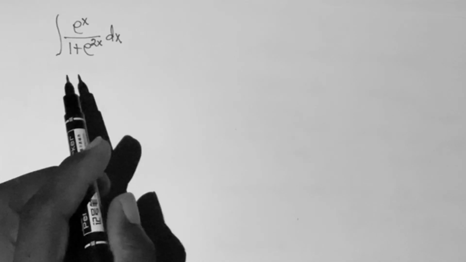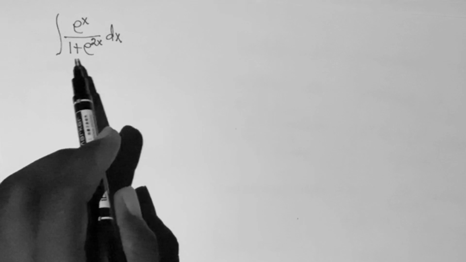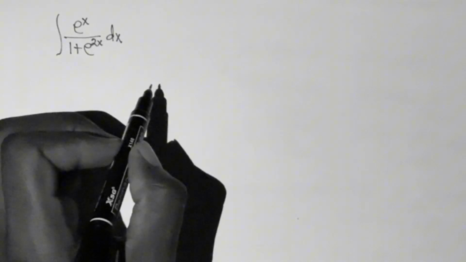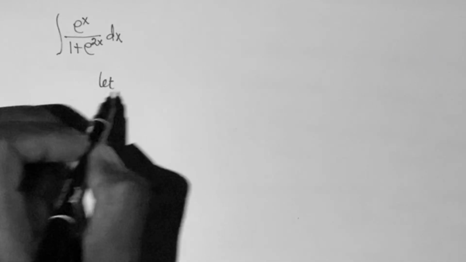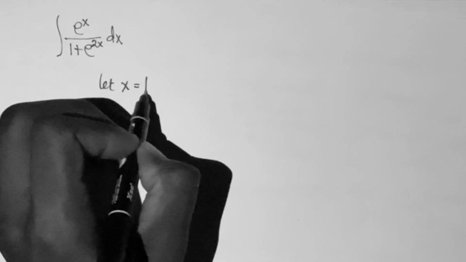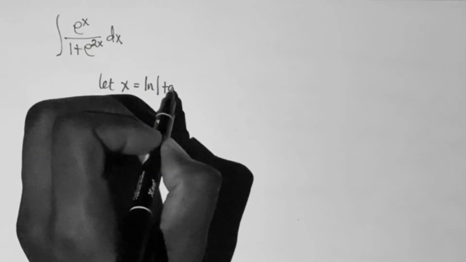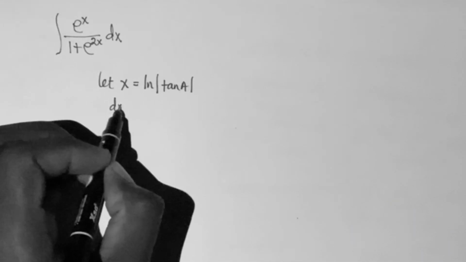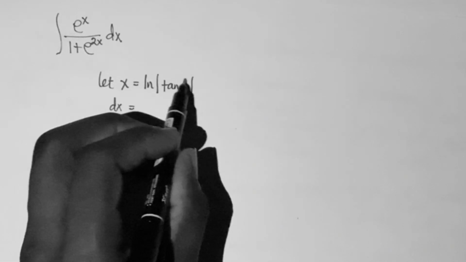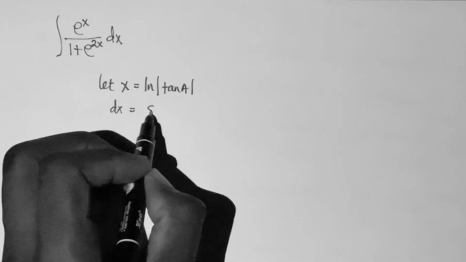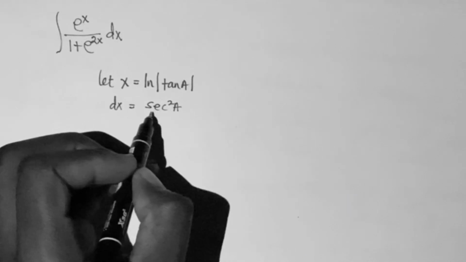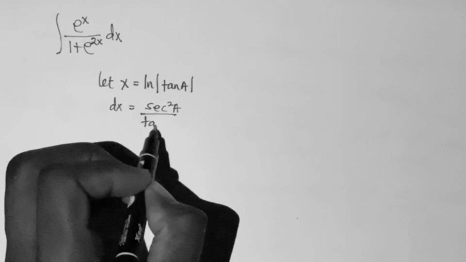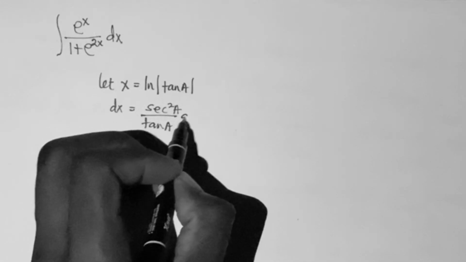So in this example, we are supposed to evaluate the integral of exponent x divided by 1 plus exponent 2x dx. Let x be equal to natural log of the absolute value of tan a. So dx in this case is equal to, if you differentiate tan, you get sec squared a, but you need to divide it by tan a because it's the natural log, and dA.